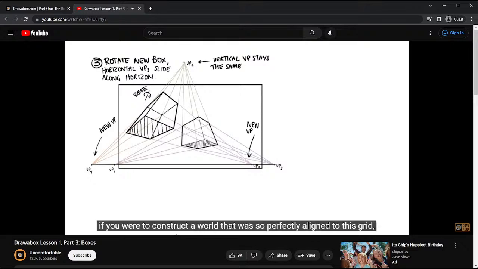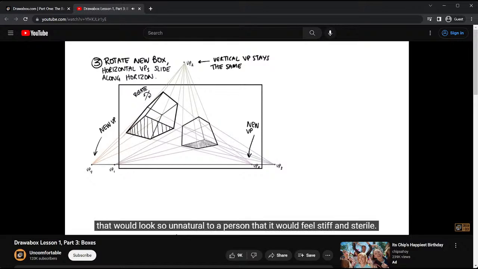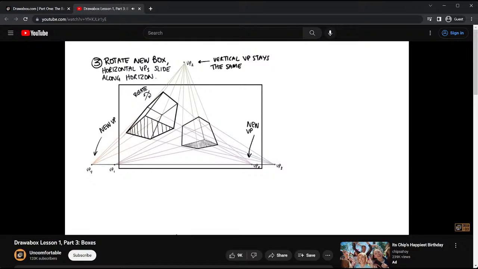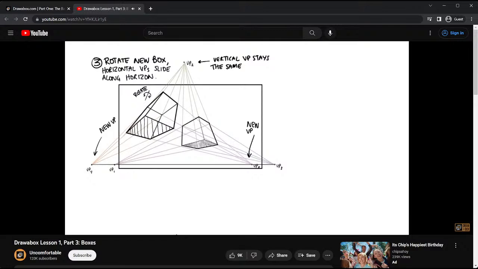In fact, if you were to construct a world that was so perfectly aligned to this grid, that would look so unnatural to a person that it would feel stiff and sterile. You need to have some objects. If you're drawing a room or whatever, it's never going to be so perfectly aligned, and that's actually going to look weird.